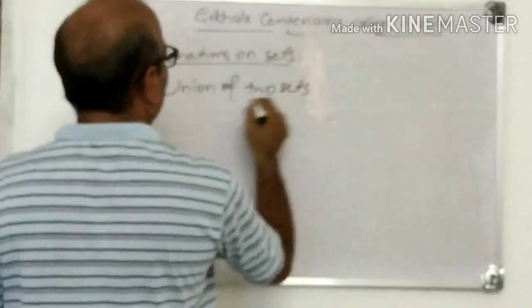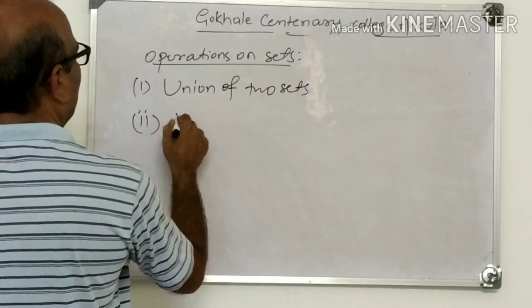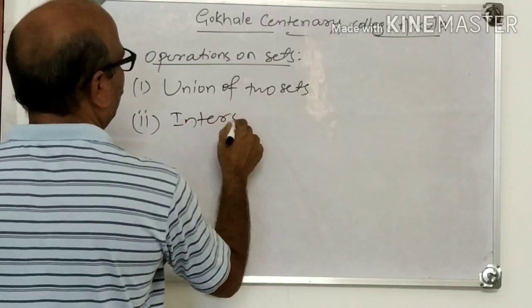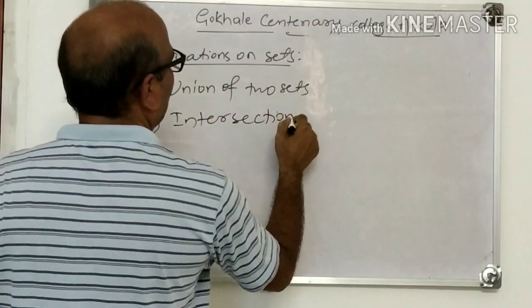Now operations on sets. First is union of two sets. Second, intersection of two sets.